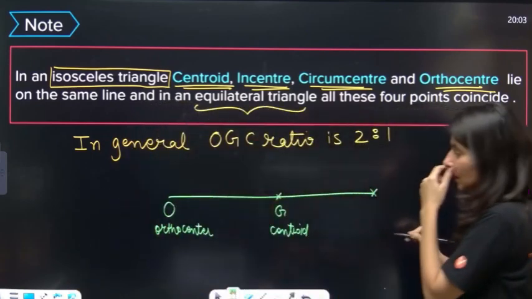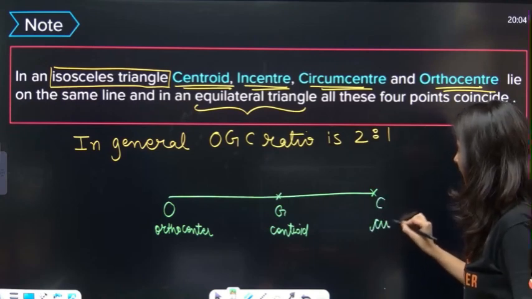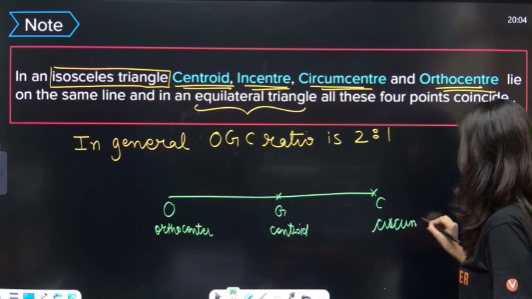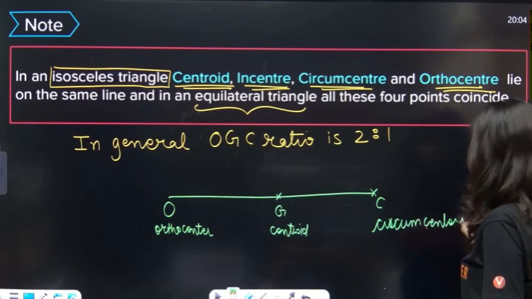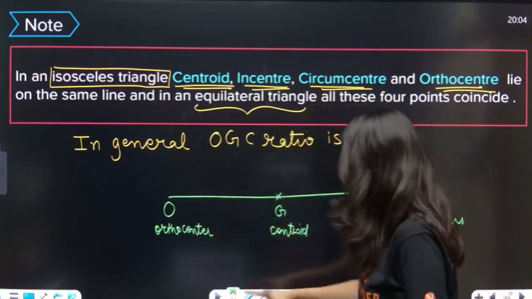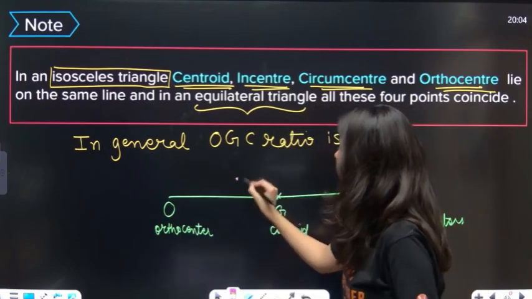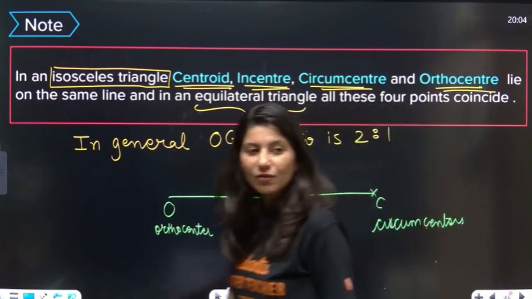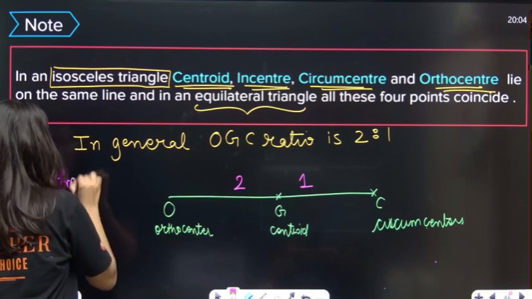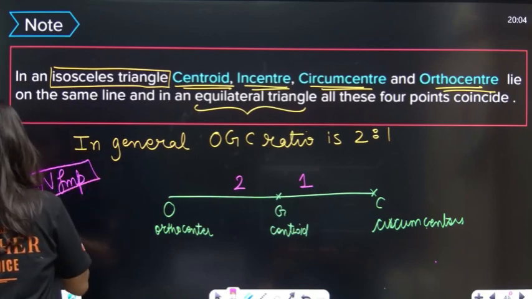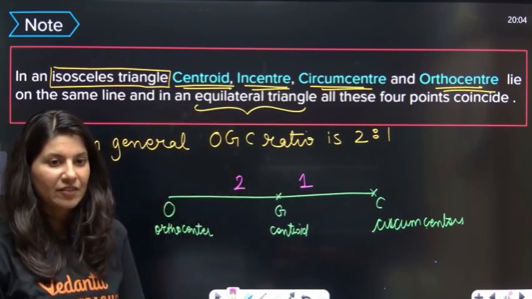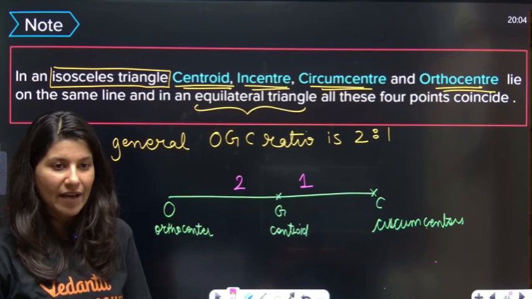And C is obviously circumcenter. So the centroid G divides the line joining orthocenter and circumcenter in a 2:1 ratio. How many of you will be remembering this? Because this is very, very important.